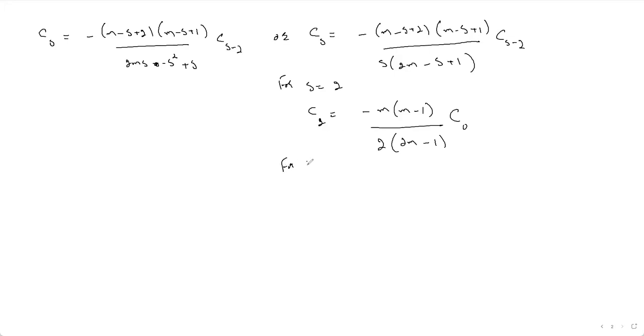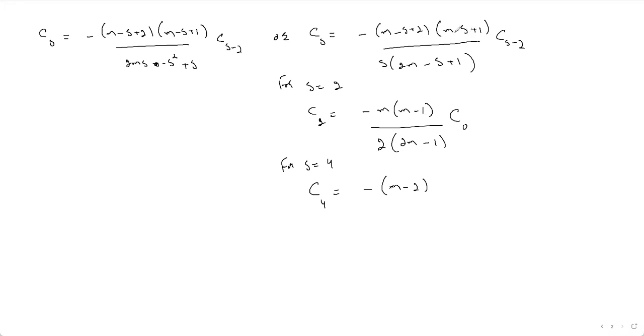For s is equal to 4, c4 will now be equal to, shabash, for s is equal to 4, it will be minus m, for s is equal to 4, it will be m minus 2, right?